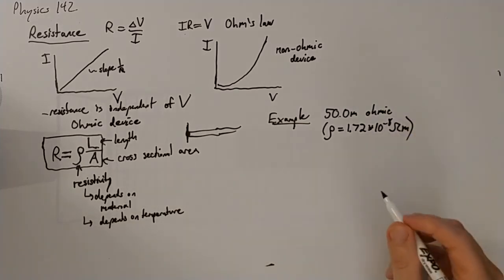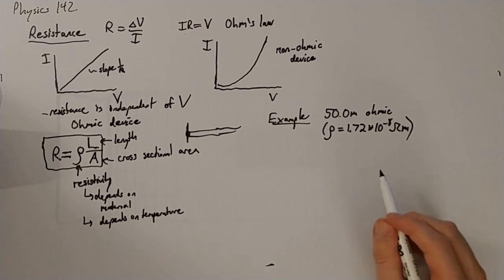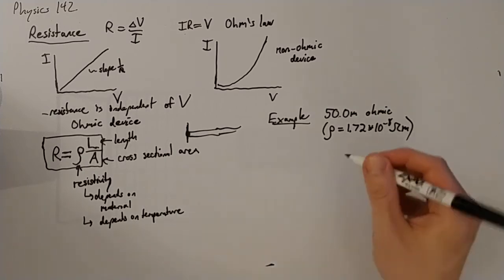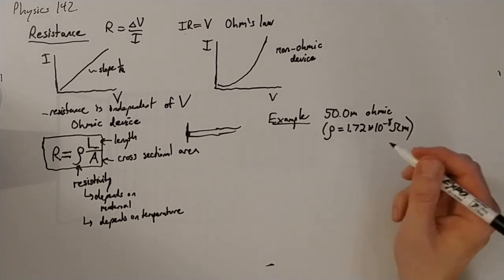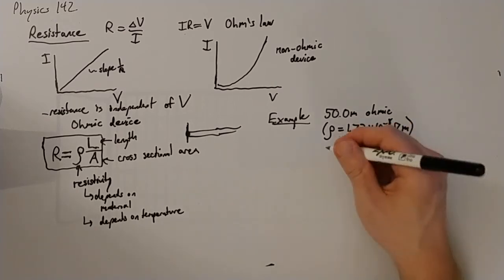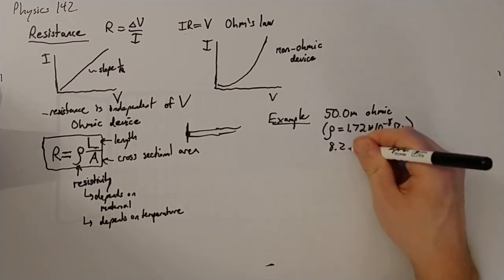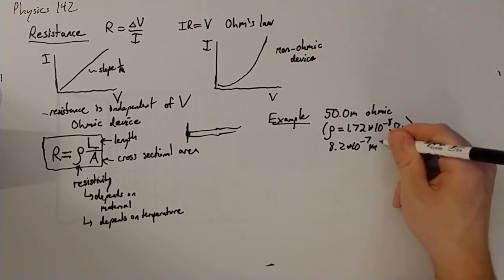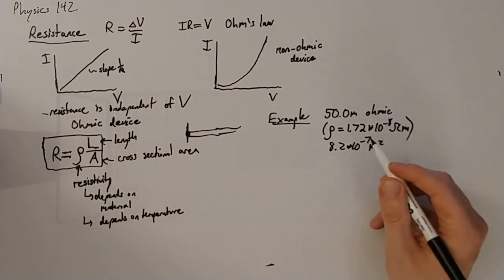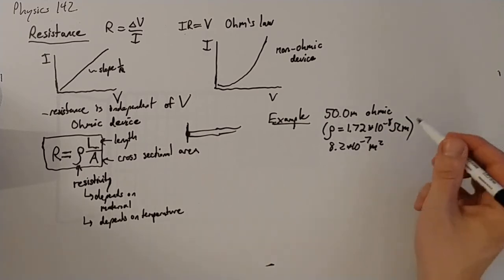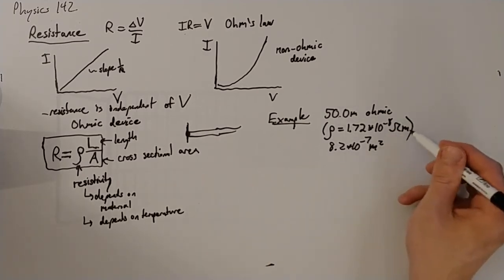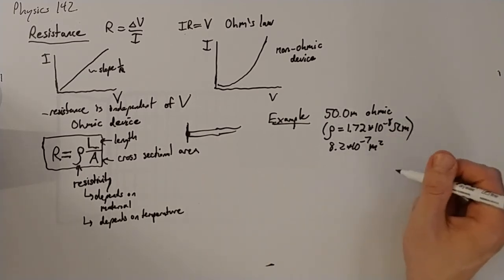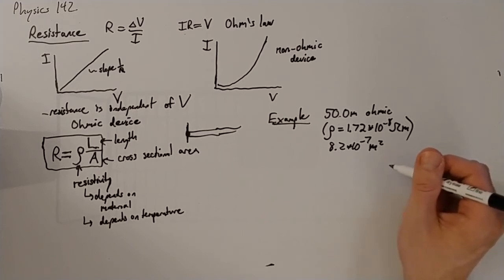All right. So that's the resistivity there. And let's say our wire has a cross-sectional area of 8.2 times 10 to the minus 7 square meters, right? Wires are pretty small if you actually put them in units of square meters, but I'll save the unit conversion for us here. All right, so 8.2 times 10 to the minus 7 square meters.